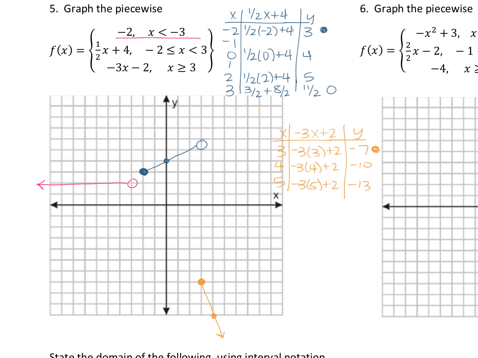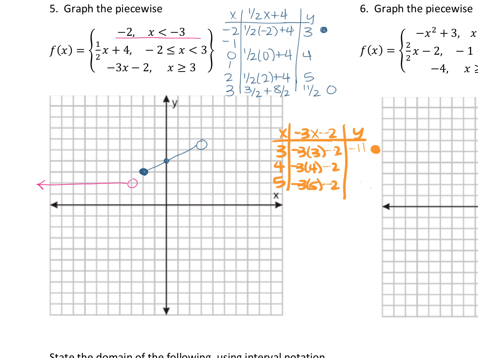Your function actually is minus 2. So this is going to be minus 2, which means these are going to change. Okay, so if we do the minus 2, negative 3 times 3 is negative 9, minus 2 is negative 11.